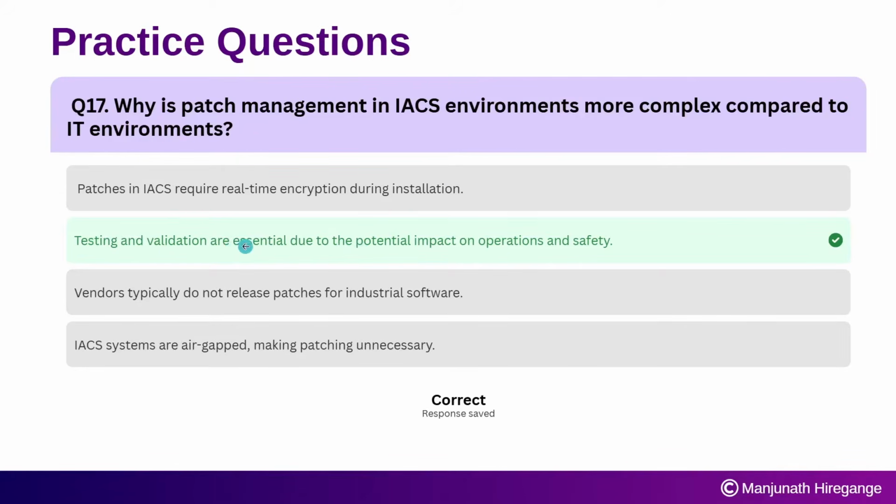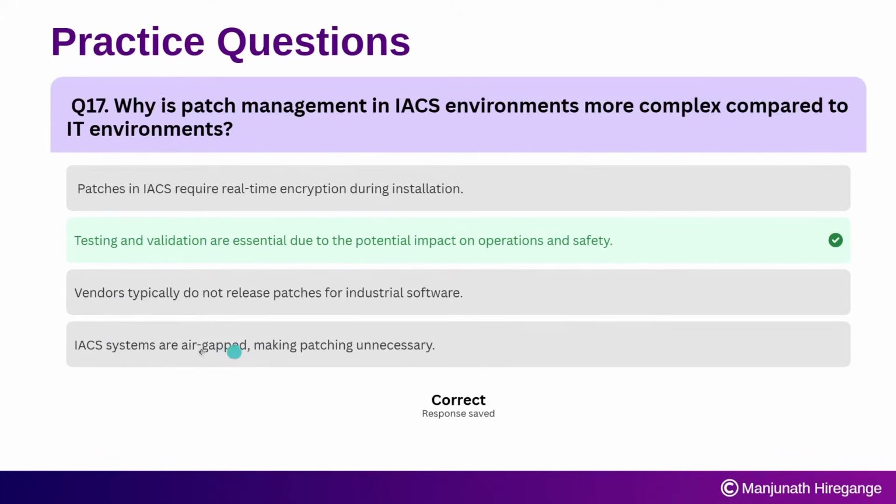And patches must be thoroughly tested and validated in a controlled environment, or if you have some labs, it has to be tested first before deploying, so that you will not have any interference with the system functionality, reliability, or even safety, right?